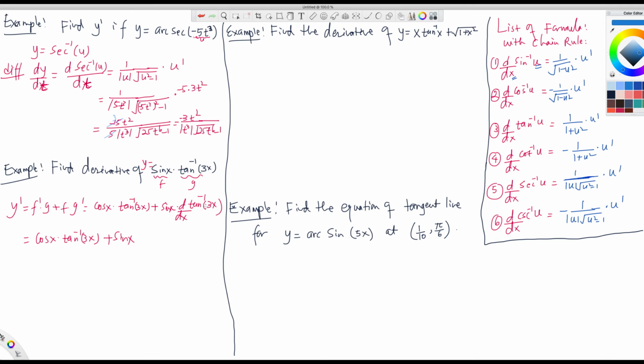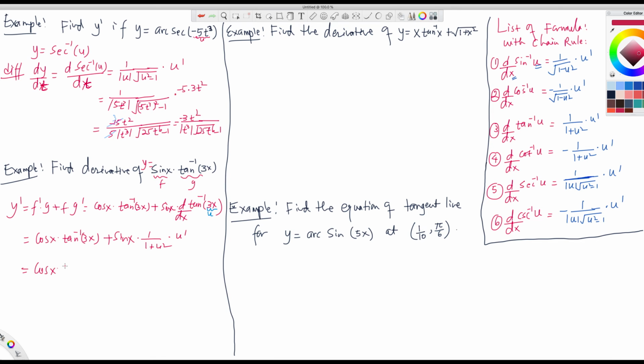If it was just tangent inverse x, it would be 1 over 1 plus x squared, right? But there is u, tangent inverse u. So what will be the derivative then? It will be 1 over 1 plus u squared, because tangent inverse u has that derivative, times u prime. But what is u? u is 3x, right?